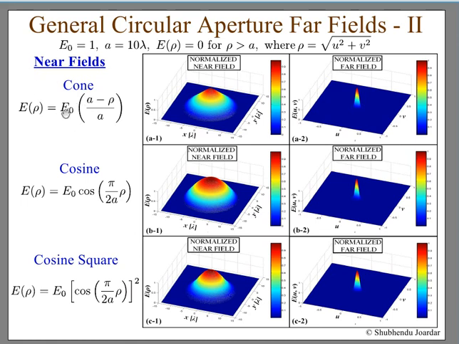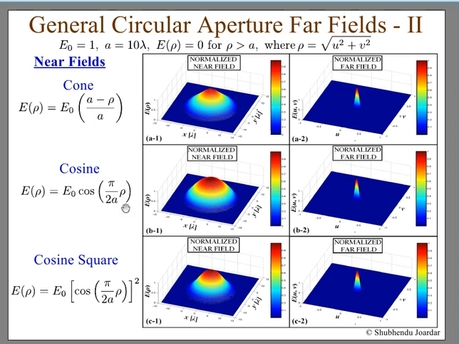Well, let us see. There are so many diagrams. If you have the near field, the aperture excitation, as E naught into A minus rho, where A is the radius of the aperture and rho is the distance within the aperture, you see the variation is this. This is the aperture, this round one, over which this is the variation. And the far field will look like this. There are side lobes here which you cannot see.